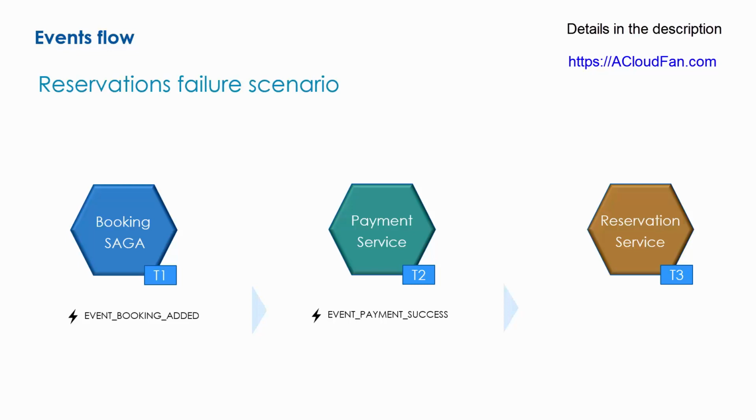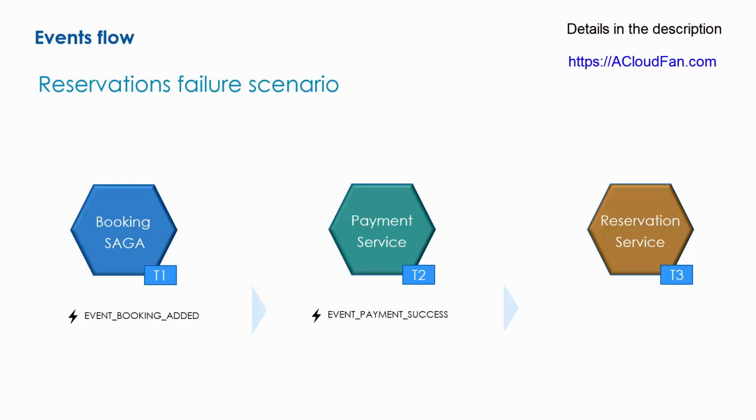If all reservations are successful, then the reservation service considers that as a successful transaction. If any one of the reservations fail, then the reservation service considers that as a failure. In this scenario, let's say the car rental was successful, but the hotel rental was not successful.